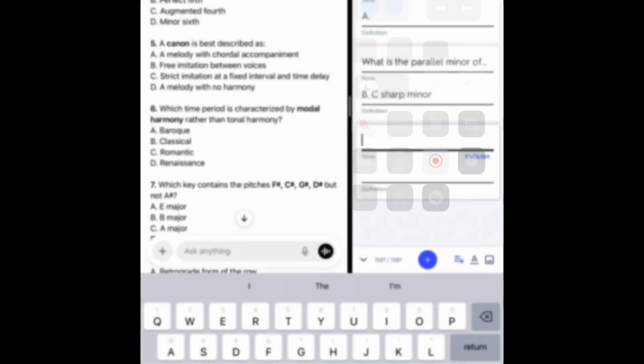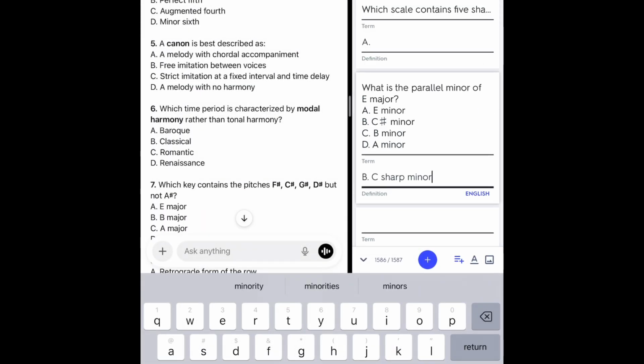Mindful education moment. I misread this question over here. What's a parallel minor of E major? I thought this was relative minor. Okay. No, it's not C sharp minor. I should have corrected myself from the get-go.